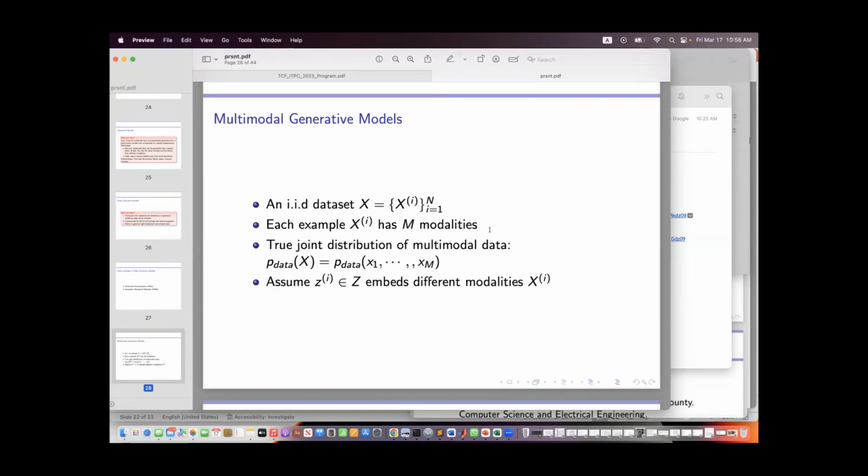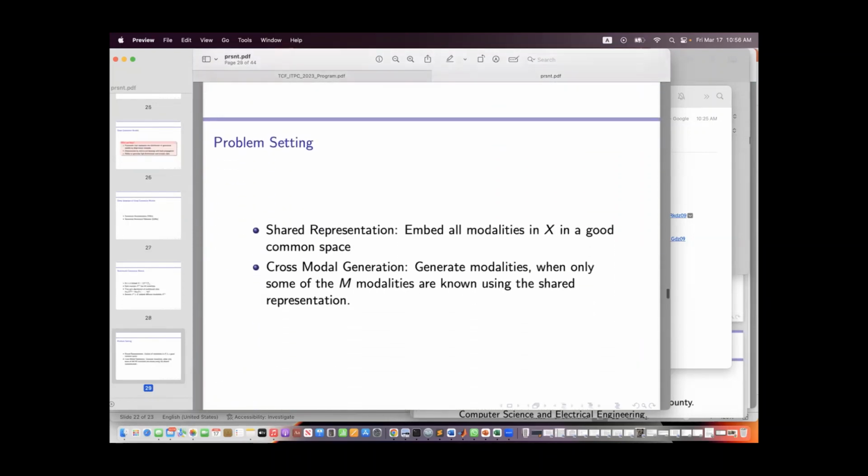You would build a probabilistic model to do that, and you assume that there is a latent space, Z, that embeds these different modalities. The ability to come up with that latent space, and do it well enough, is what guides how well we can generate data at some later point.